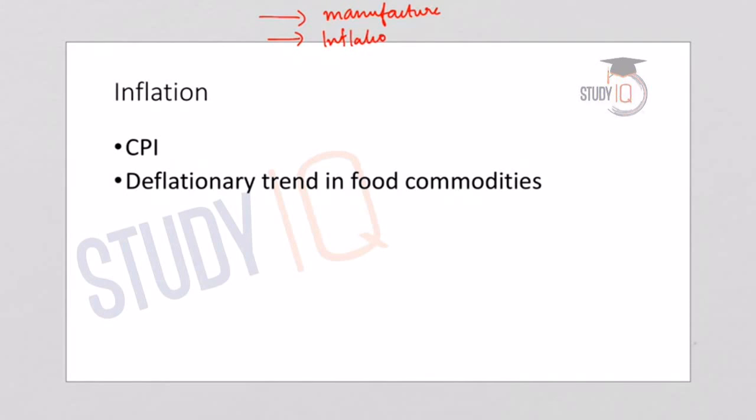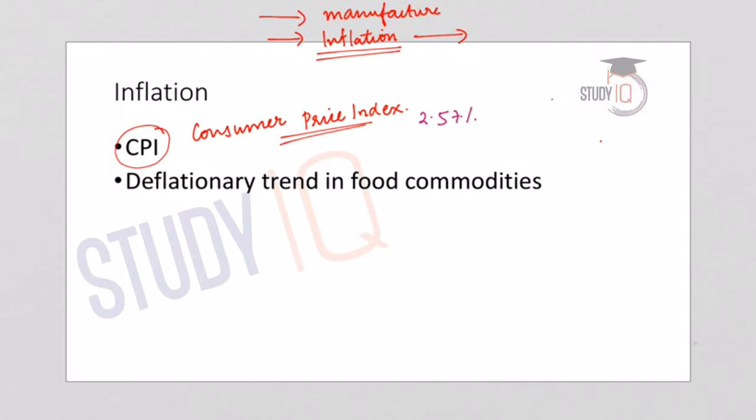Now we will discuss inflation and how it has impacted manufacturing output. Inflation is measured in terms of CPI or the Consumer Price Index. The CPI has accelerated to a 4-month high of 2.57% in the month of February 2019. But what is the problem here?